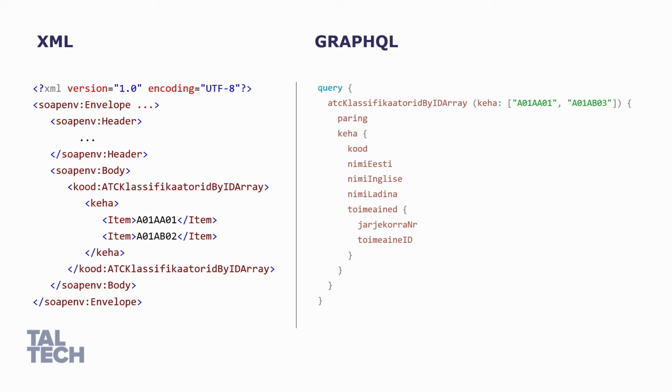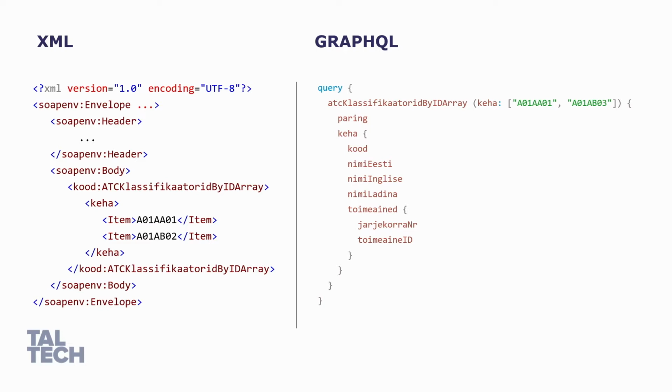The operation name is ATC classificators by ID array, and it has two input parameters, input elements. The same SOAP body information is on the second line in the GraphQL request, the longest line.